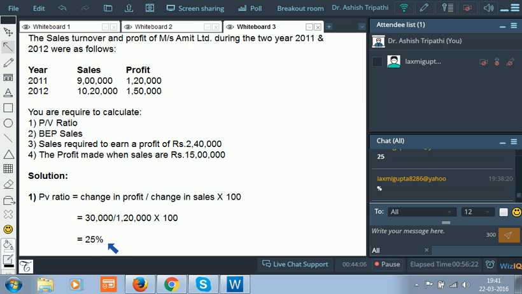Variable cost, not the contribution. Variable cost will be how much percent?